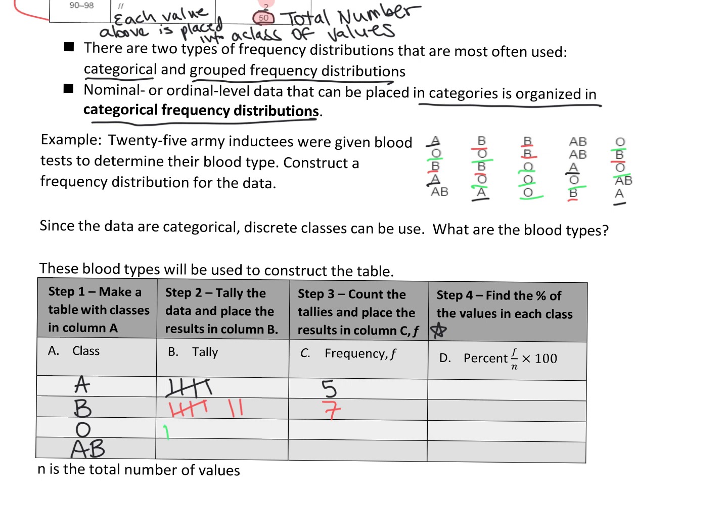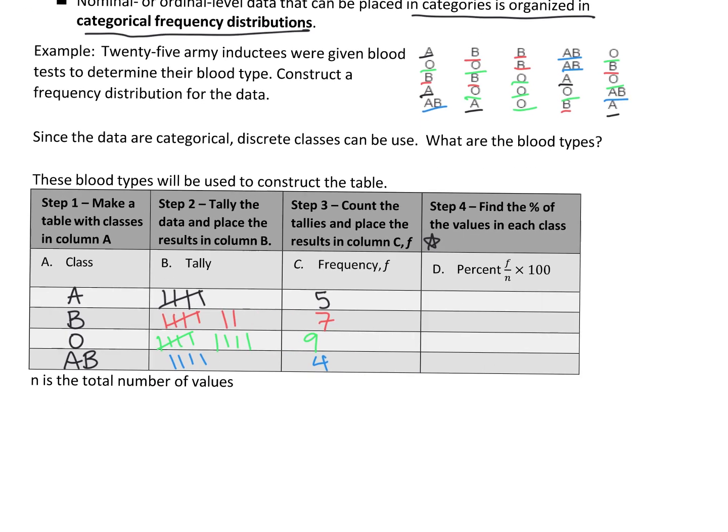Almost missed one. All right, so we have 9. And then for AB, we have 1, 2, 3, 4. Okay. All right, so we've got our tally, we've got our frequency, and now we're going to actually do the percent.